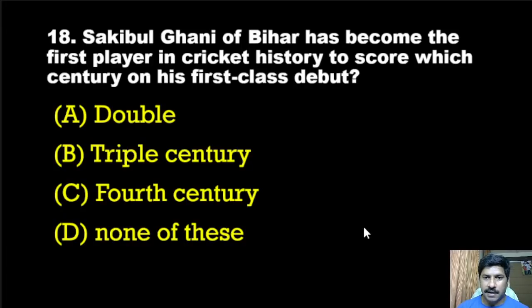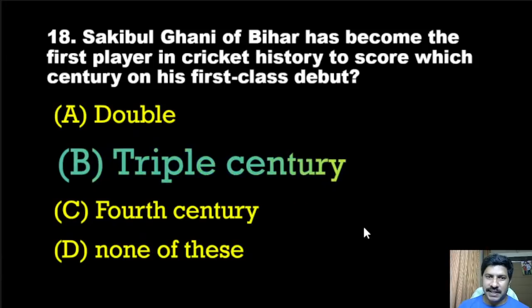It is in first class cricket. Correct answer is option B, that is triple century. Sakibul Ghani of Bihar has become the first player in cricket history to score triple century in his first class debut.